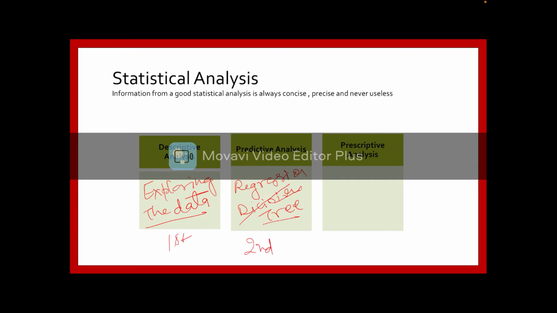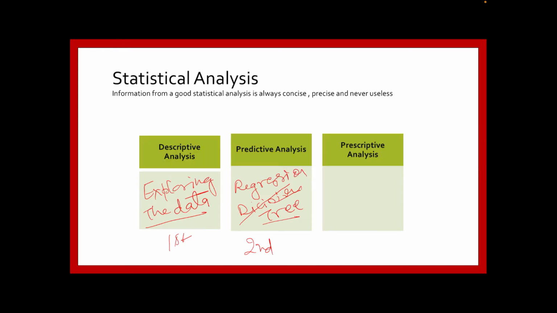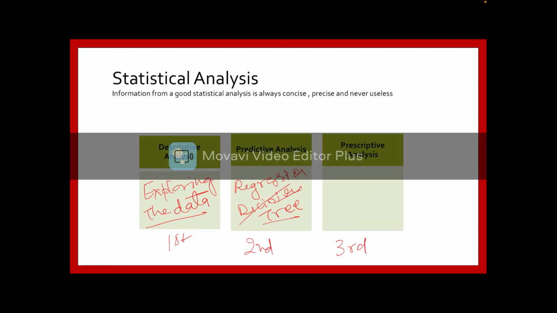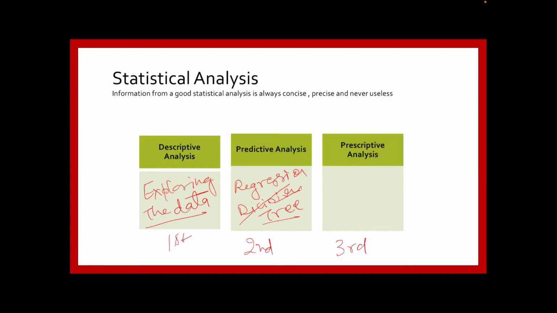Then there is prescriptive analysis. When we have explored the data and predicted something, then comes how to suggest or prescribe future action to higher management and decision makers. So this is the part of decision making.